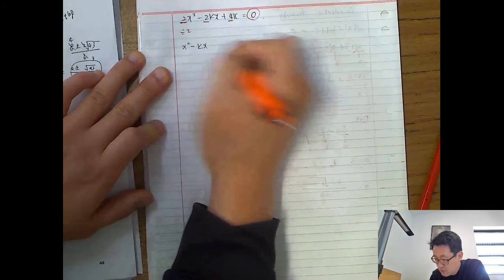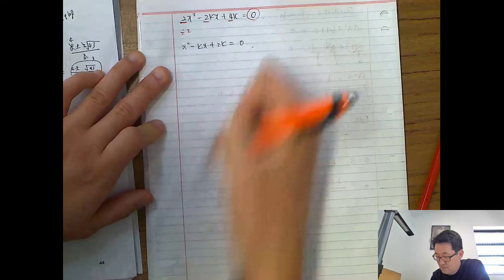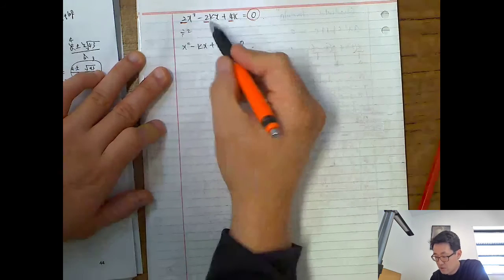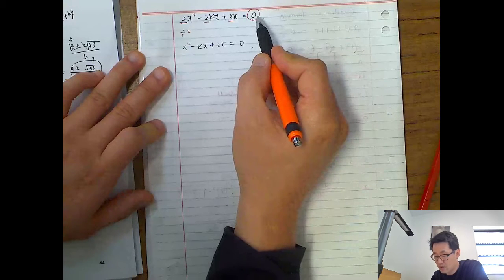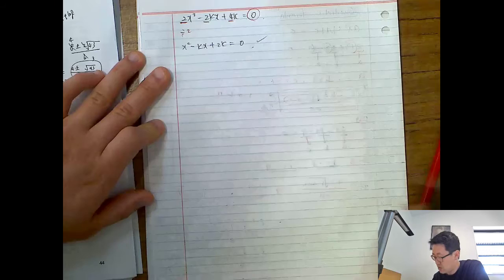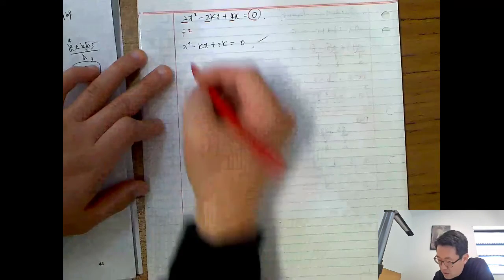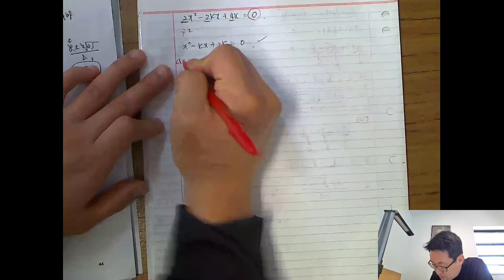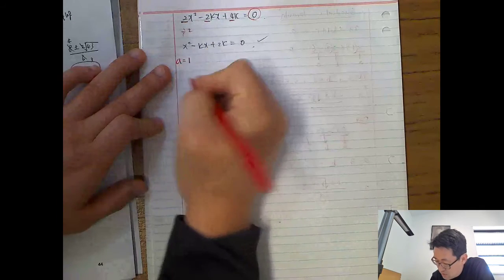Minus kx, but if I do it, it's much easier. Plus 2k equals 0. Divide by 2, divide by 2, divide by 2, divide by 2. 0 divided by 2 equals 0. So that's why I can do this. And then using the quadratic formula, you always figure out what is a. What is a, guys? a is 1.